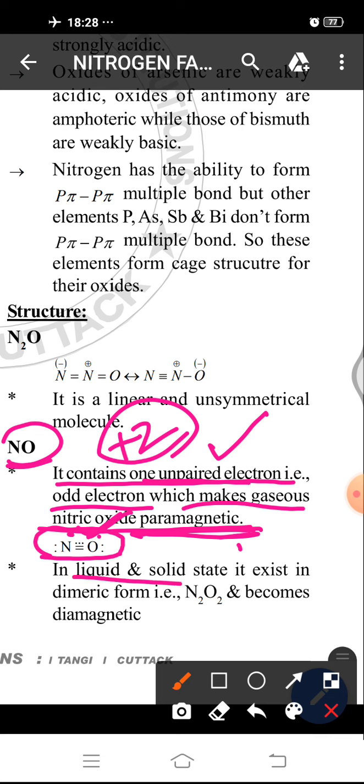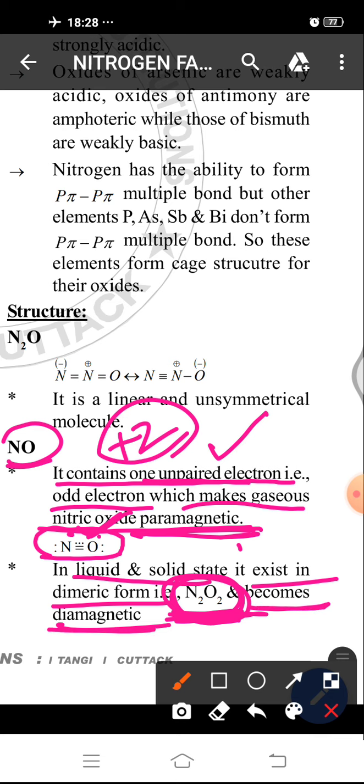But in the liquid and solid states, it exists in dimeric form, N2O2, and becomes diamagnetic. Due to the dimeric form, the molecules bond with each other and become diamagnetic due to the absence of an unpaired electron.